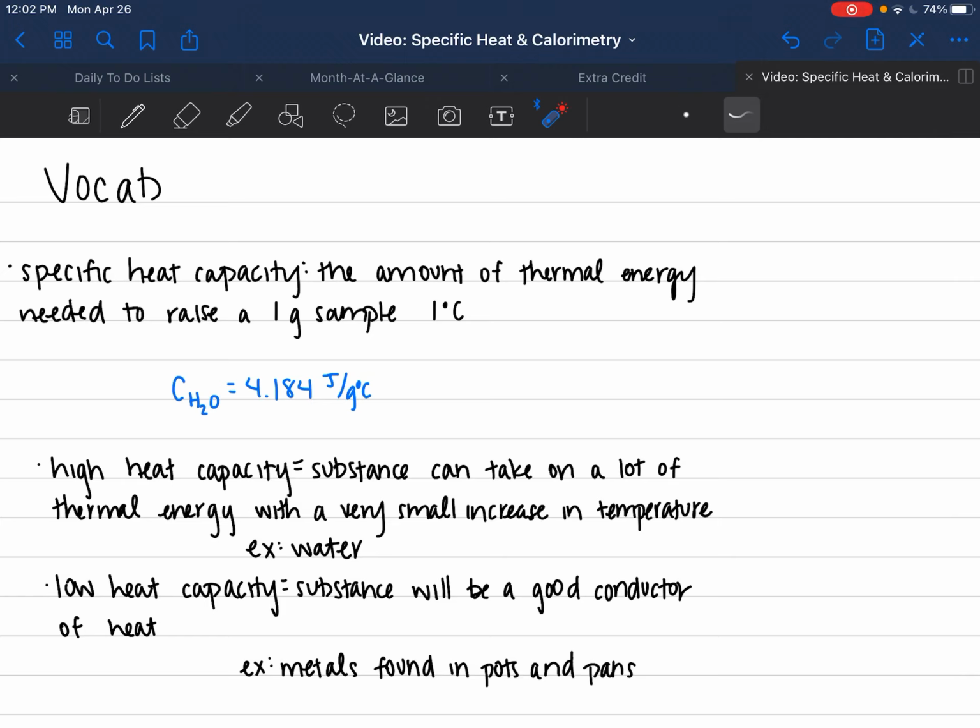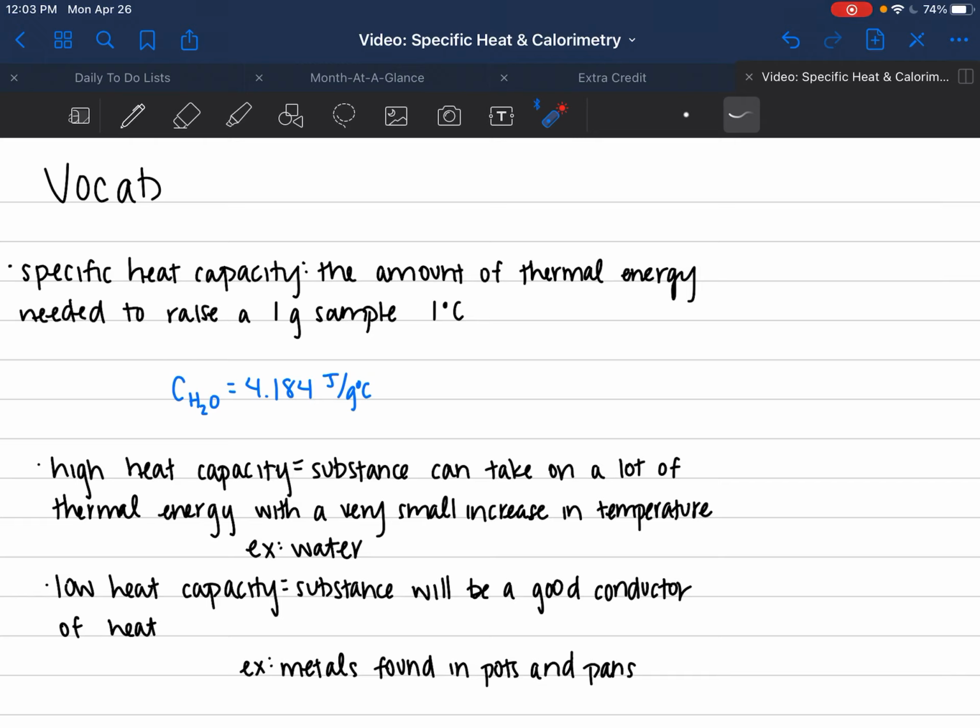So let's talk about how those specific heats compare. If you have a high heat capacity, that substance can take on a lot of thermal energy with only a very small increase in temperature. So the example I'm using here is water, because you'll hear this example quite often. Hopefully you remember back to our solutions unit, we introduced water by saying that it has a high heat capacity.